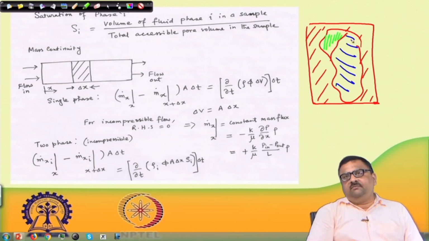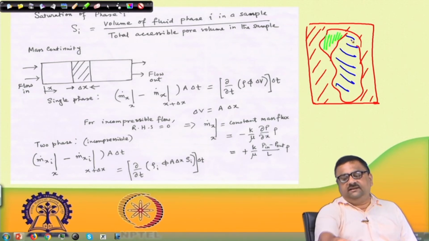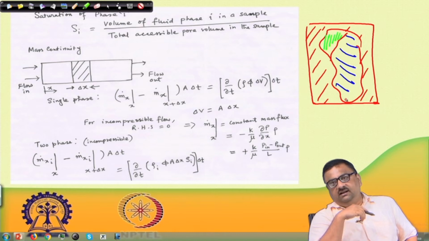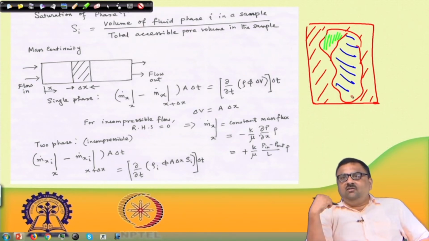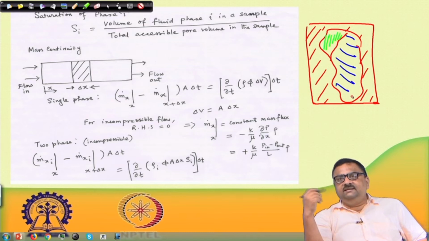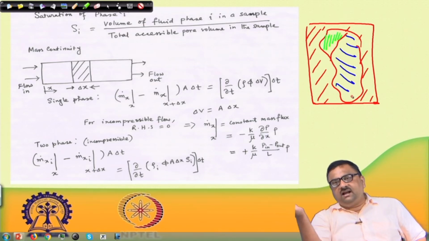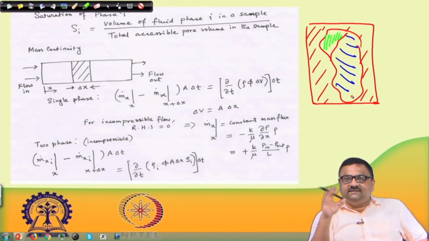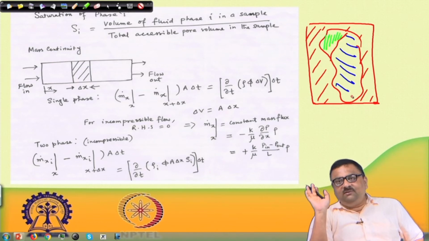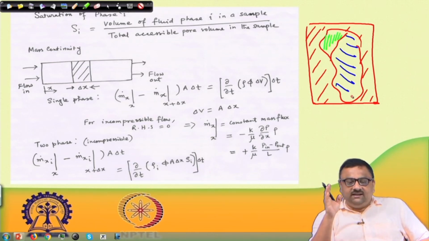Now we talk about something called saturation. That means, if this void space is 100 or if this void space is 1, out of that 1, what fraction or what percentage is one particular phase and what fraction is the other phase. It may not have to be a binary system, I mean a two phase system. In general, n number of phases can be present there. So, what is the saturation of the ith phase?